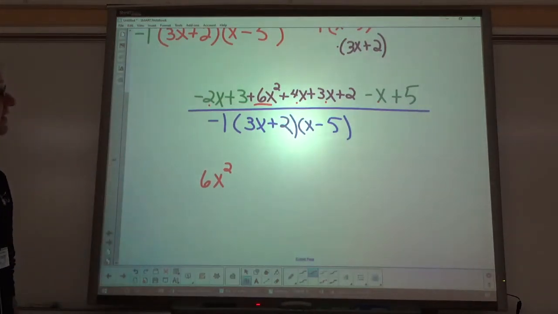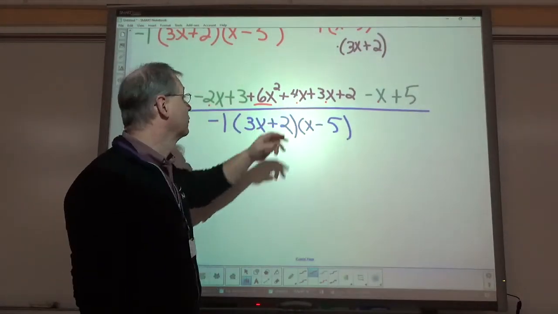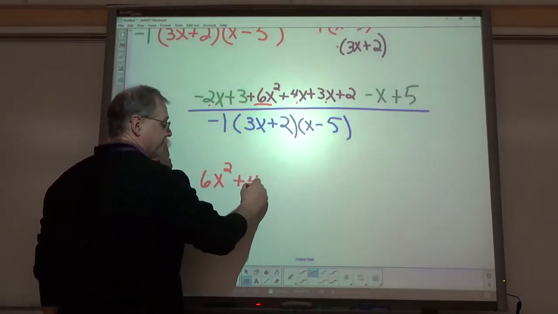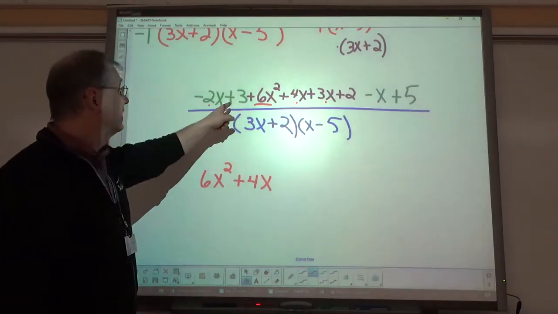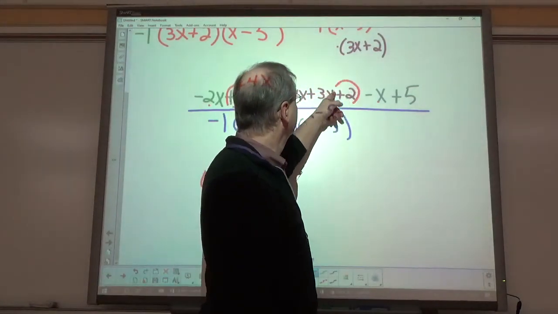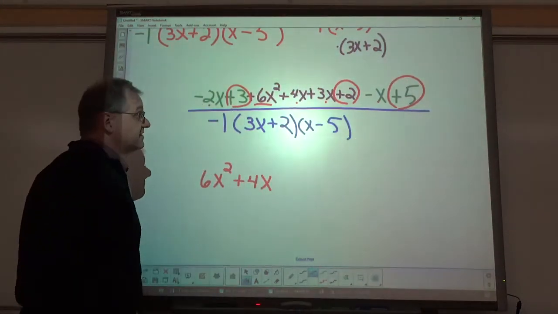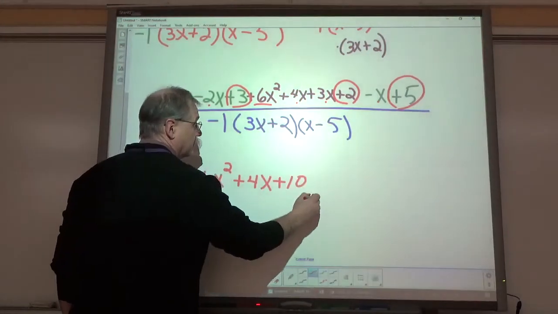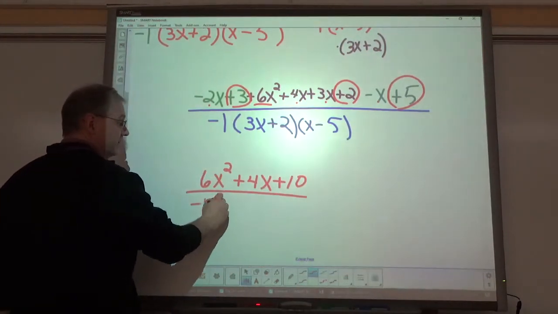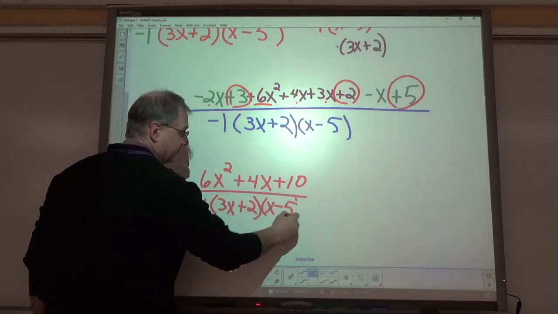Wow, all right, so negative 2 and negative 1 make negative 3, and 3 is 0, plus 4 is 4x. Then I've got the 3, the 2, and the 5. 3, 2, and 5, that's 10 over negative 1. 3x plus 2, x minus 5.